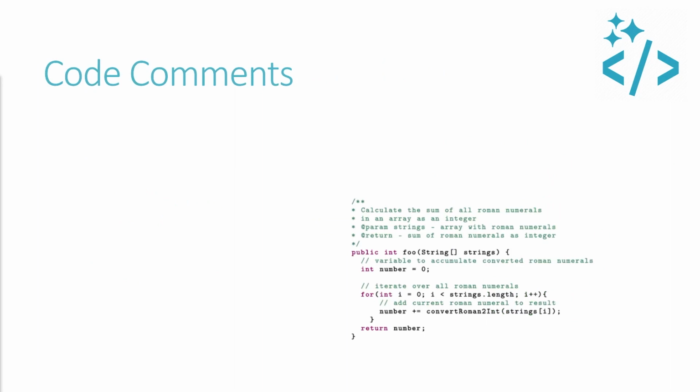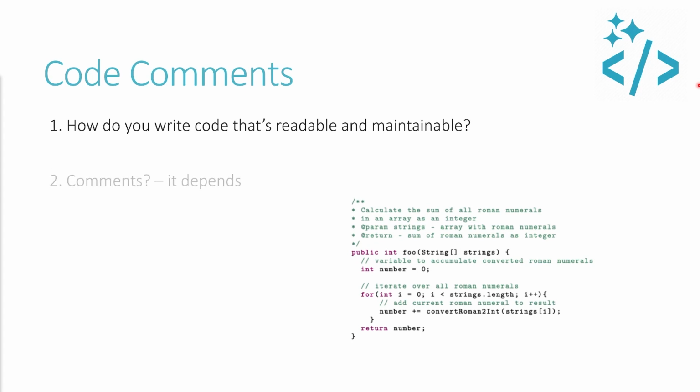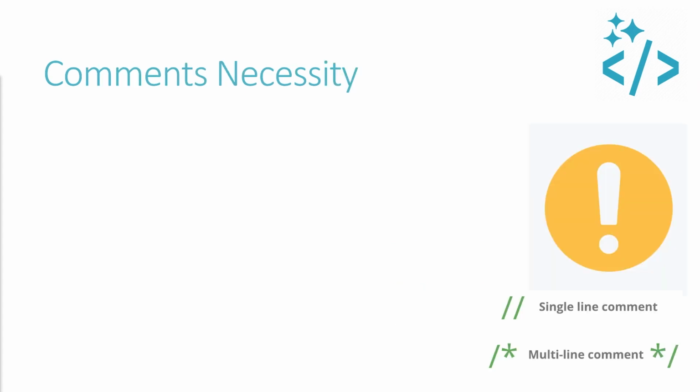Next, we're going to talk about code comments. Code comments are a very important aspect of clean coding. Normally you ask yourself, how do you write code that's readable and maintainable with comments? Well, it depends. If you see a lot of comments in your code base, you should take it as a warning sign, because this is not very recommended.